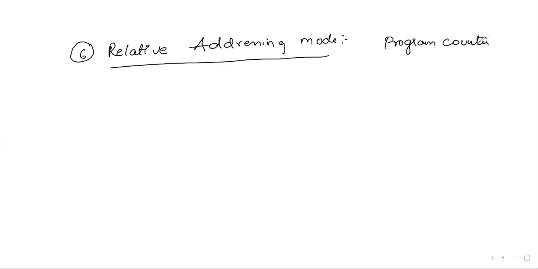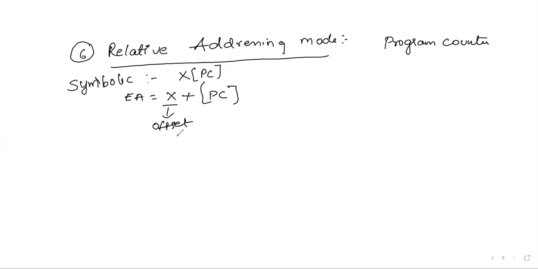The symbolic representation is X of PC. That means the contents of the PC are added to the constant value to get the effective address. X is a constant or offset value, and the contents of the PC are added to it. You will get the relative addressing mode effective address.